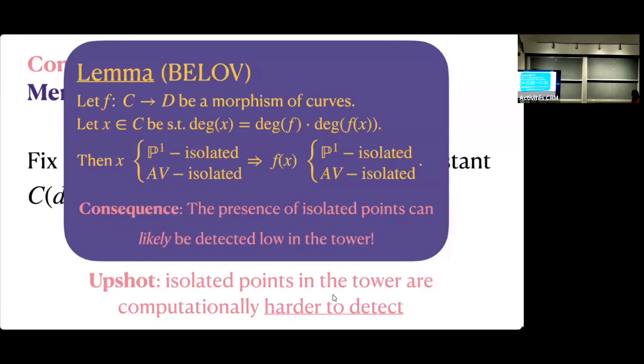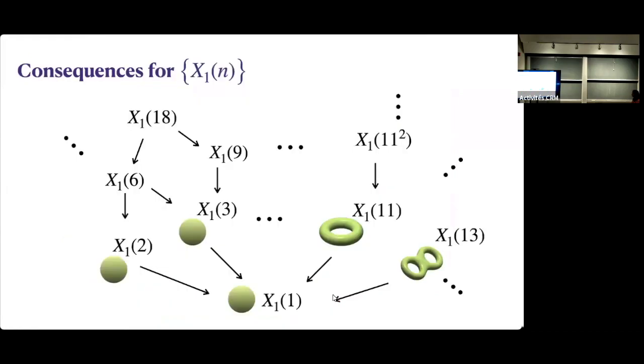Okay, so let's look at this lemma applied to modular curves, and now we're really going to have to deal with this hypothesis. So what we are able to show is that if you take this tower that's infinitely tall and infinitely wide, so the wide part is kind of annoying, so we just have to chop that off. So we're just going to look at this finite width tower.